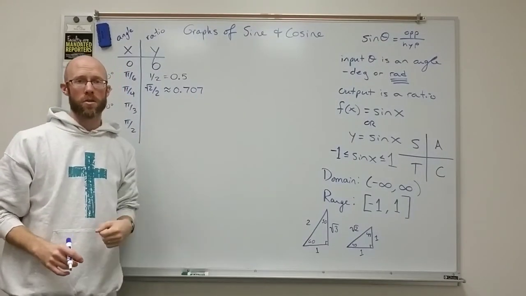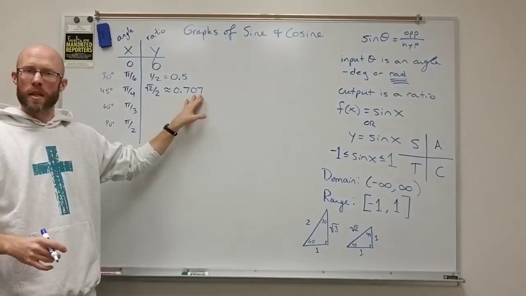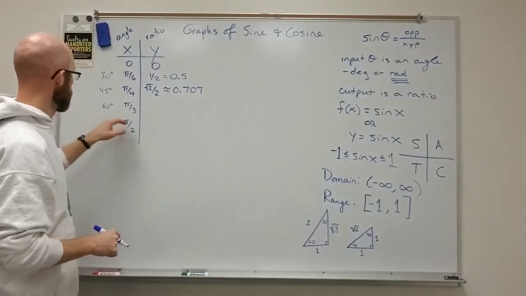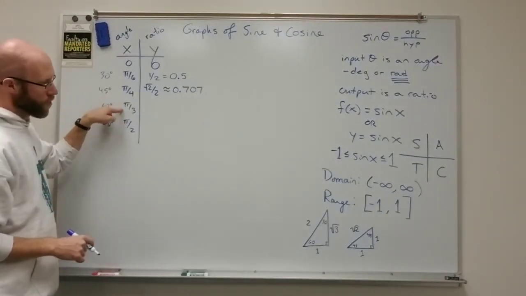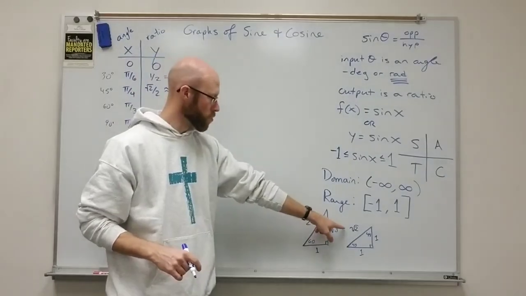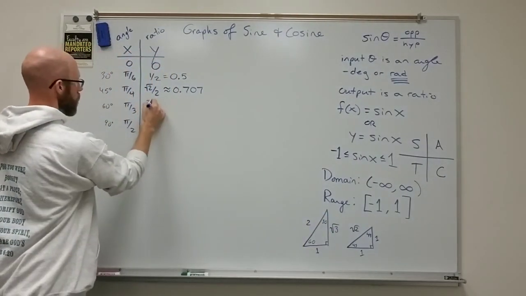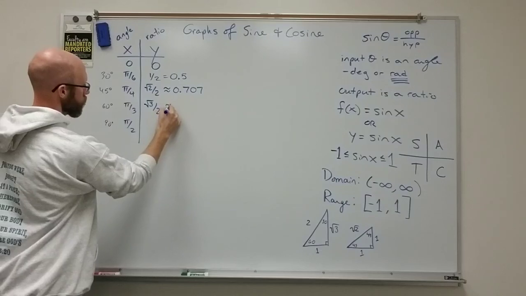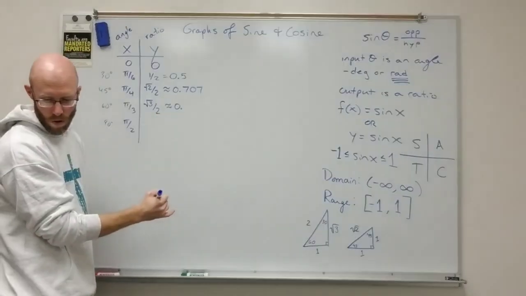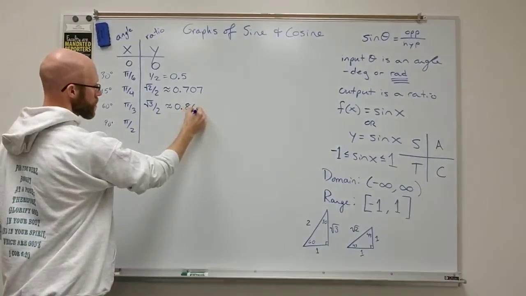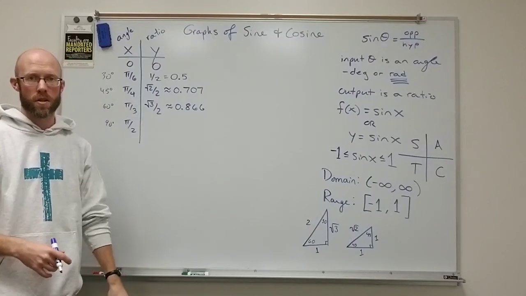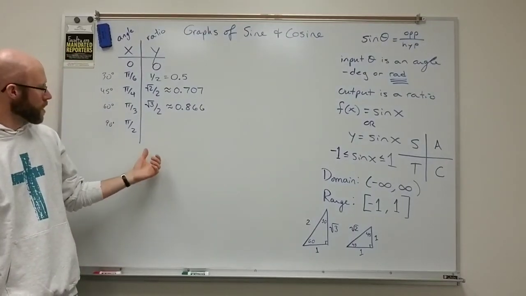This is an irrational number, but I'm just rounding it so we can get a decent idea on the graph of where that is. The sine of pi/3, of course pi/3 is a 60-degree angle, would be √3/2, which when punched into a calculator is approximately 0.866. Again, it's irrational, so there's an infinite number of decimals there.